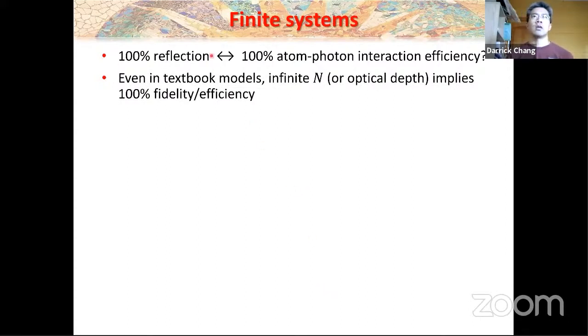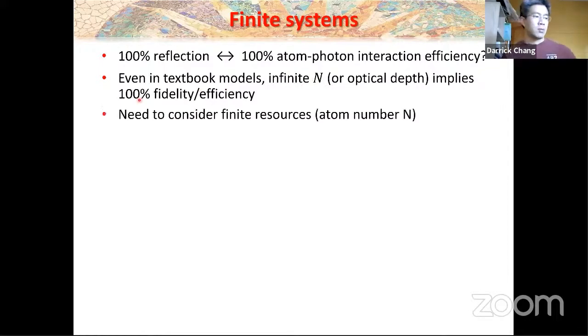Because what I showed is that an infinite 2D array acts as a 100% efficient system. But even in my original textbook models based on optical depth, if I have an infinite number of atoms, it's like I have infinite resources or infinite optical depth. So even in my original models, that implies that at least in principle, I should be able to do anything I want perfectly.